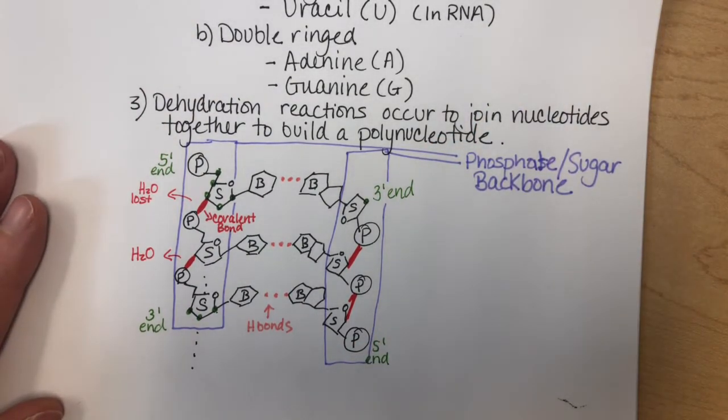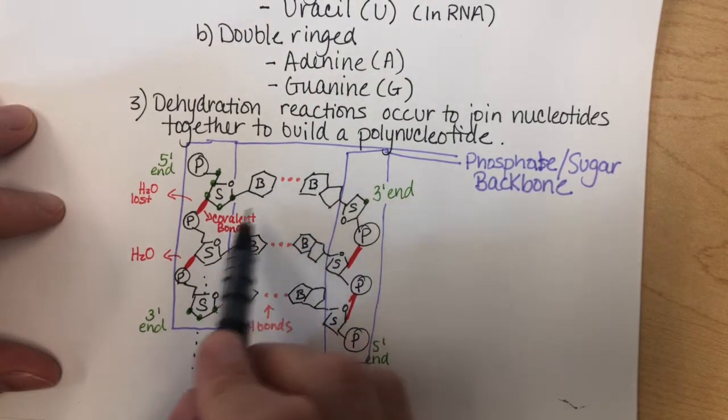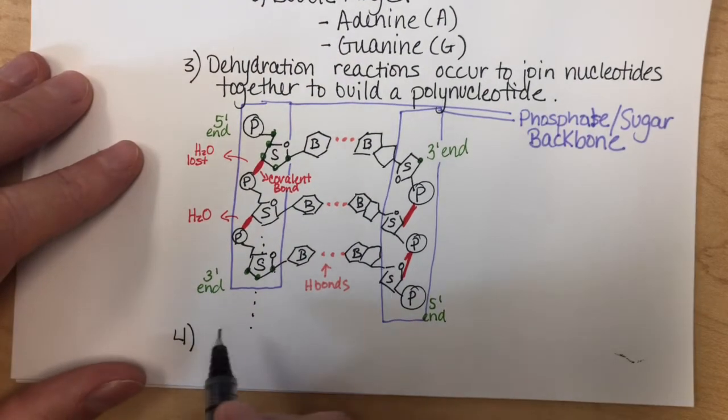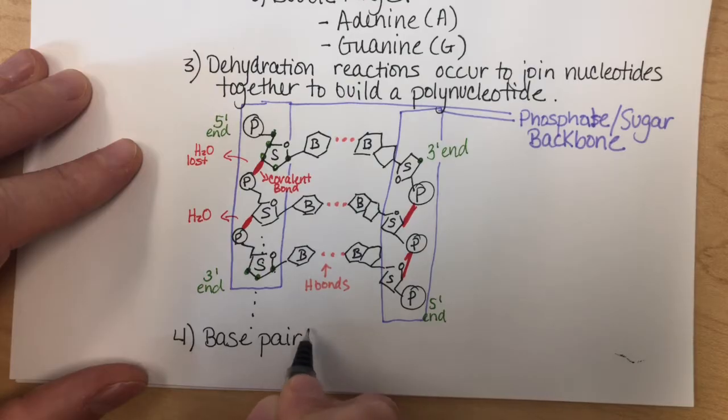All right, so let's look at the bases. When we say that the two rings go with one ring, there are base pairing rules. So let's write about the base pairing rules.